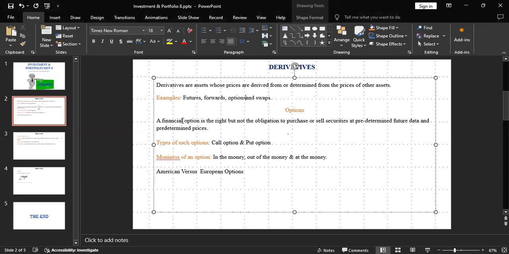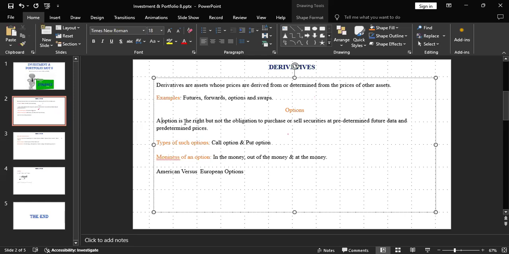An option is the right to execute a transaction in future. They agree on the date, they agree on the price, and the term given to the price is called the strike or exercise price.